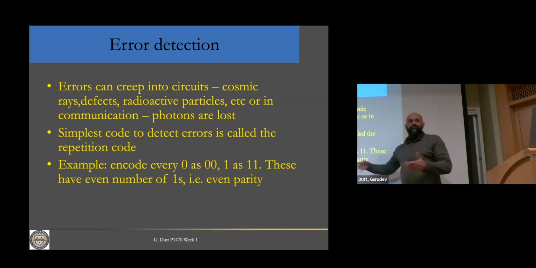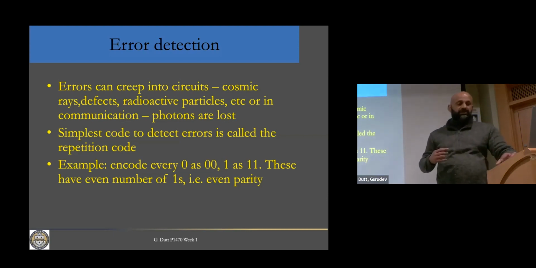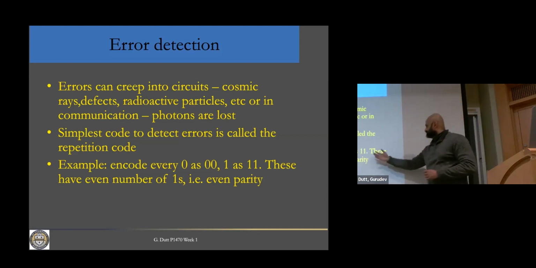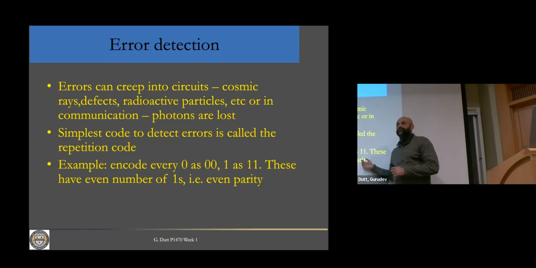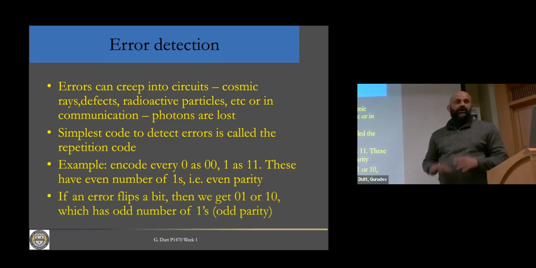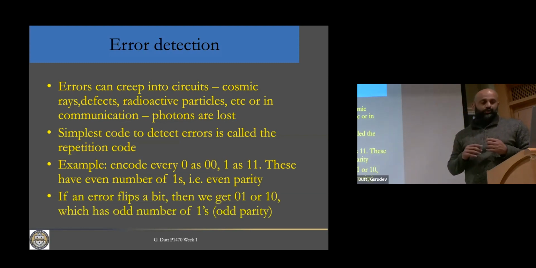These two, which are our basis bits, 0 and 1, have an even number of ones in the new code, because 0, 0 has zero ones, which is an even number, and 1, 1 has two ones, which is an even number. An even number of ones is called even parity. Not the physics parity, but just the parity in code words.